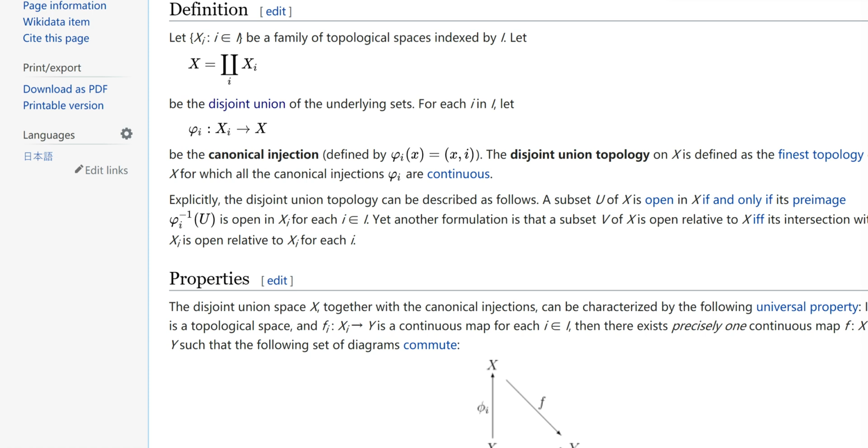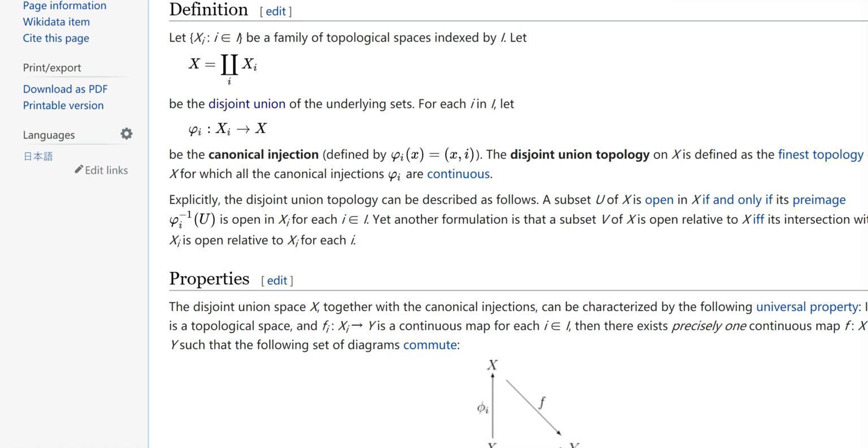At this moment you have a topology for each X_i, and you want to define a topology for X. It's the same manner as when we define the quotient topology. As we define the open sets here, it depends on the topology of the X_i. So we define the open sets to be those whose intersection with X_i is open for all i.